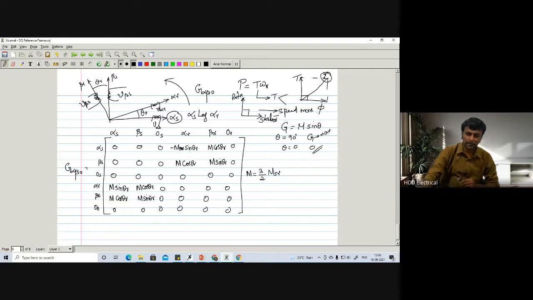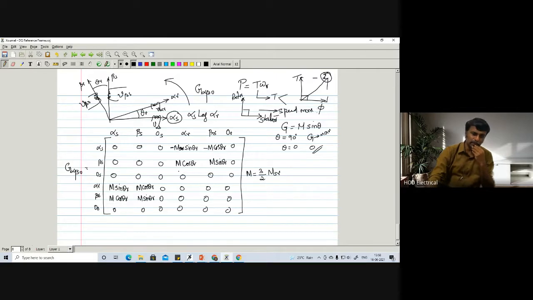Minus, I have started this way. We can write it by observation, this equation. Similarly, this again alpha s beta, again it is lagging, so we can write this in this direction. Beta r is leading, alpha s is lagging, so minus.